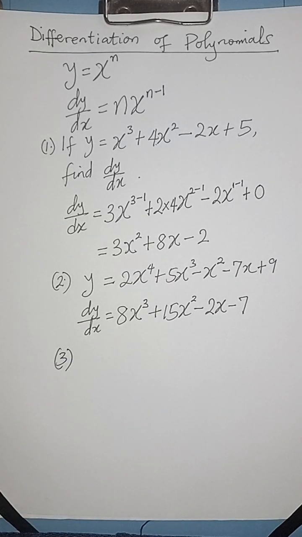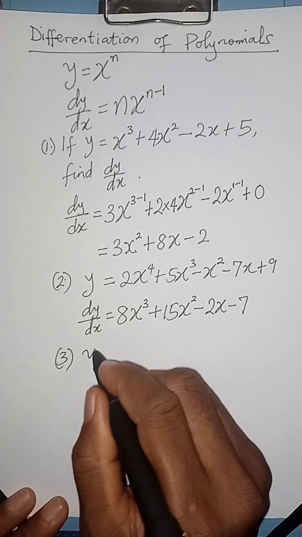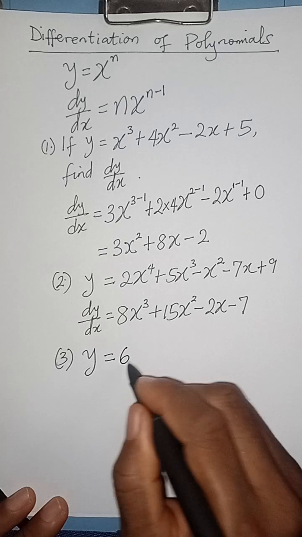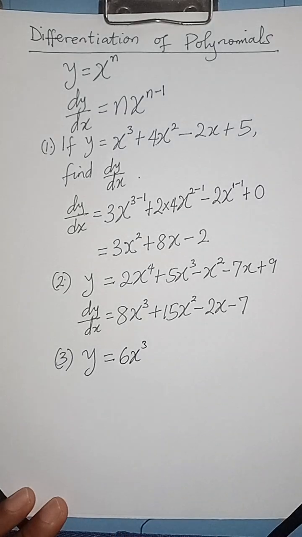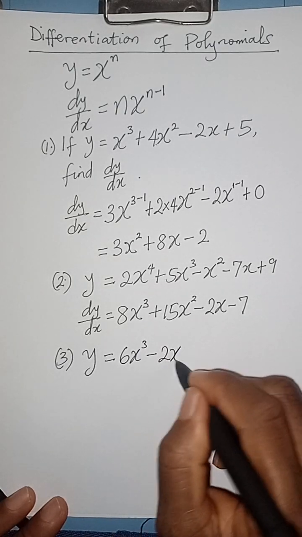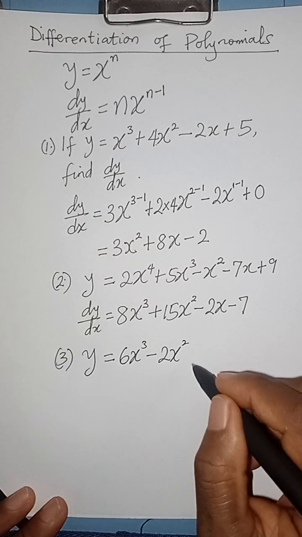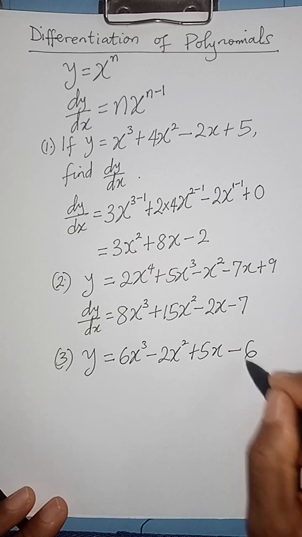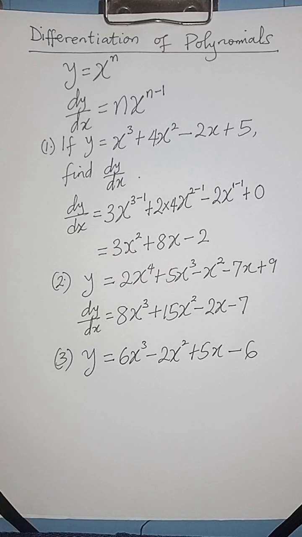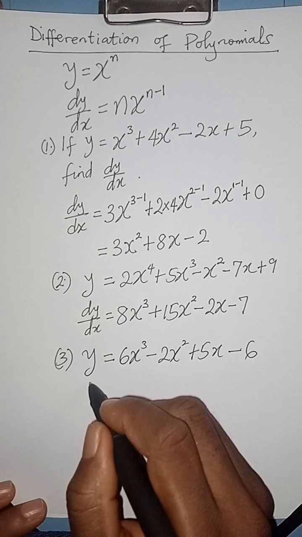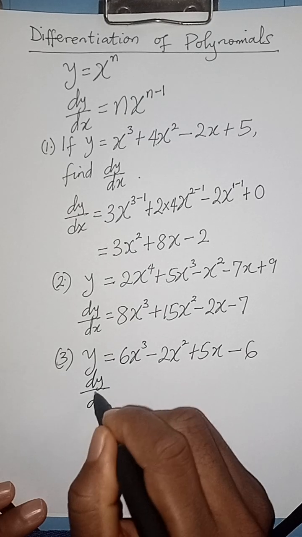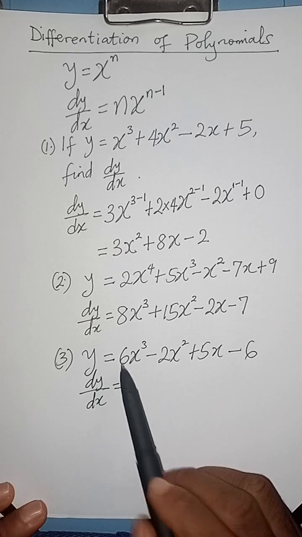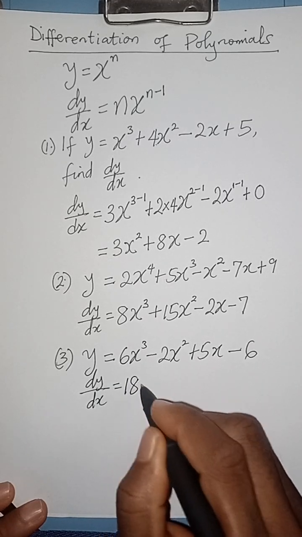Now, in number 3, I have y equal to 6x raised to power 3 minus 2x raised to power 2 plus 5x minus 6. I'm looking for dy/dx. So what is dy/dx? The power is 3, so 3 times 6, 18.